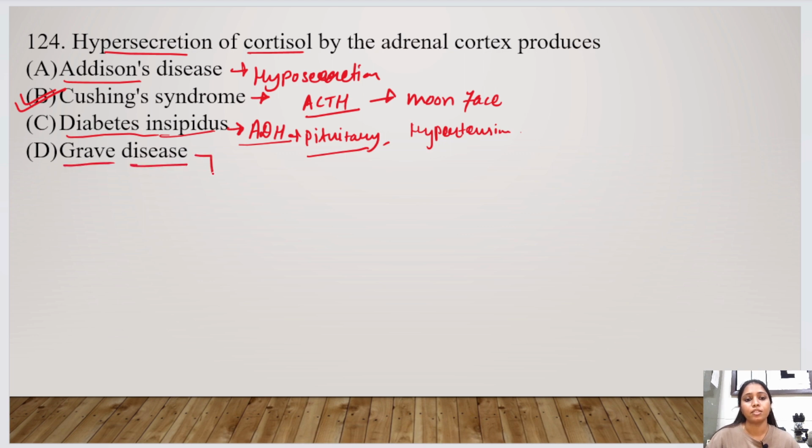Graves' disease is related with hypersecretion of the thyroid gland, so this is not related with the adrenal gland. Graves' disease is also known as hyperthyroidism. So option number B is correct for this question.